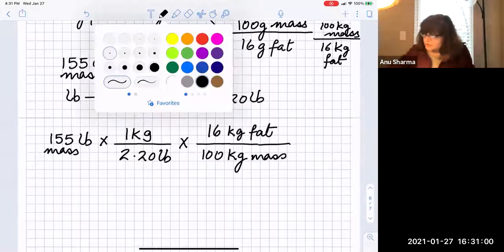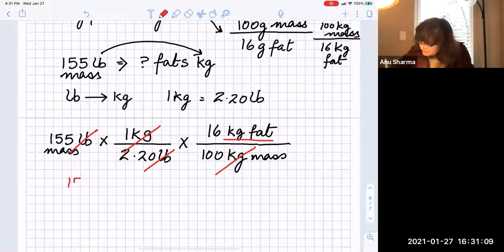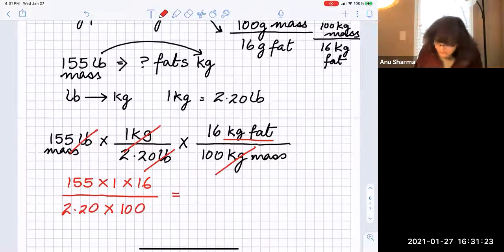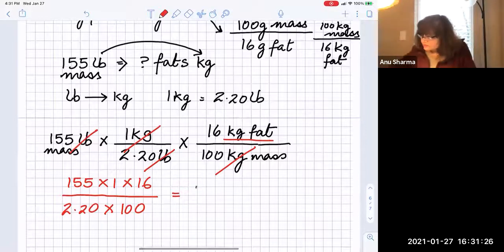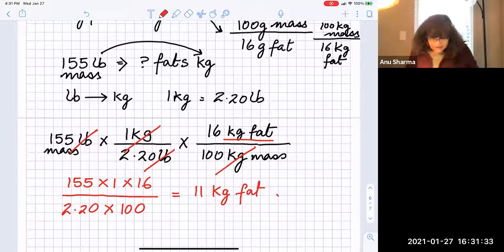So now you get rid of the pounds, get rid of the kilograms, and you are just left with the kilograms of fat. So 155 times 1 times 16 divided by 2.20 times 100, and you are going to get 11 kilograms of fat.